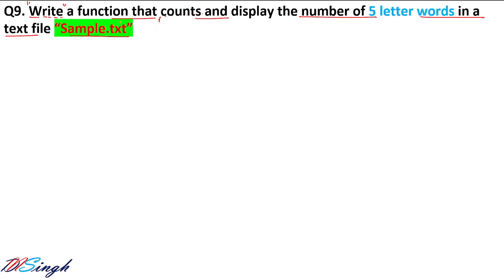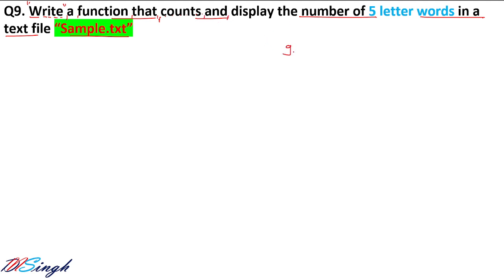Okay, so how can we do that? First we read the content. After reading, if there is any way I can split this particular text on the basis of space, so what will I get? I will get a list of words.